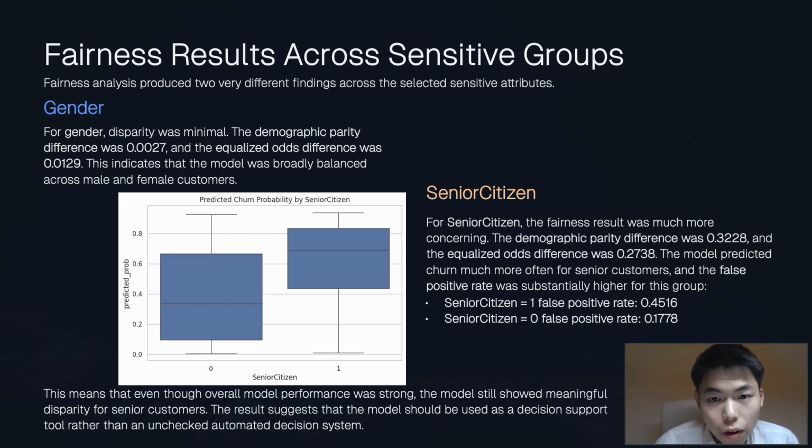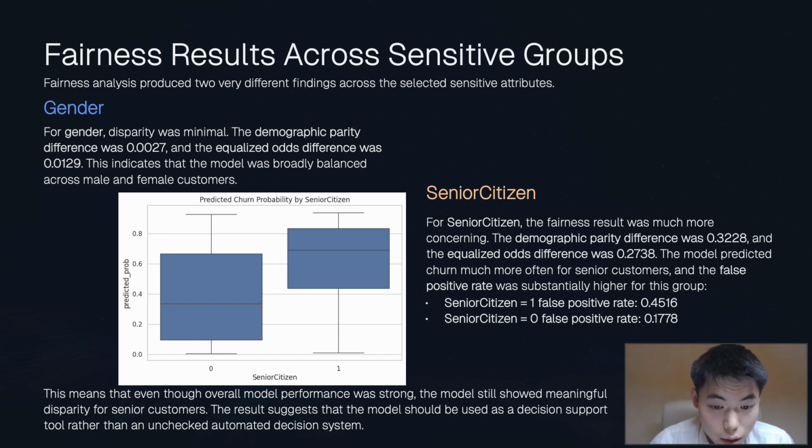In this slide, I focus on fairness. For gender, the result was pretty good. The gap was very small. So overall, the model looked balanced between male and female customers. But for senior citizens, the story is different. The model predicts churn much more often for senior customers, and the false positive rate was also much higher for this group.